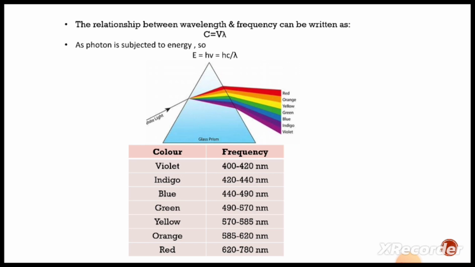Here white light is passed through a glass prism, and here we observe some colors: violet, indigo, blue, green, yellow, orange and red.